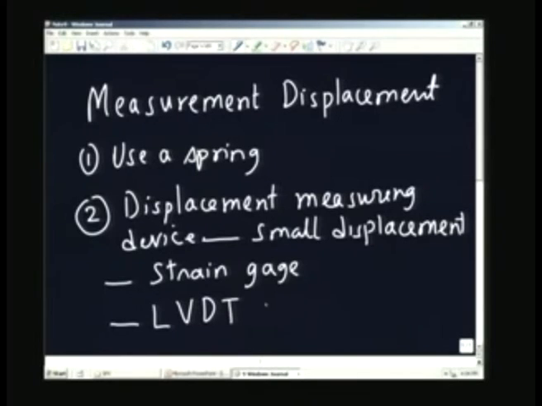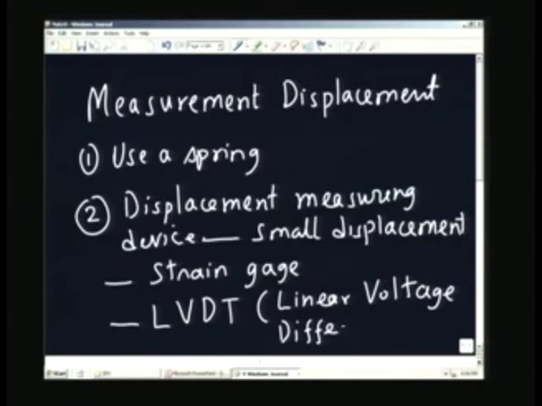This is a linear voltage differential transformer. LVDT stands for the first letters of these words here, linear voltage differential transformer.